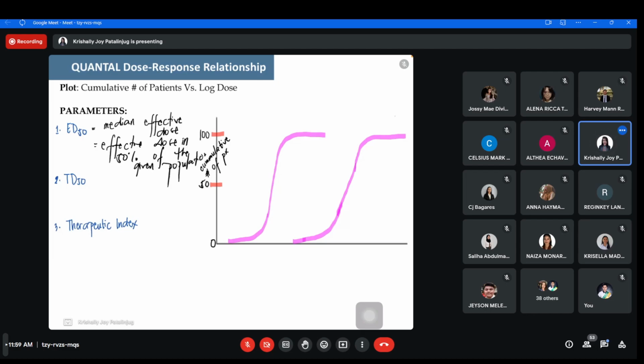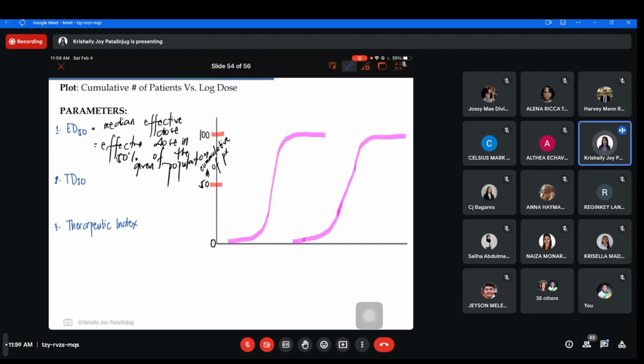Okay? So, sulat ko muna ha. Halimbawa, yung unang plotted graph dyan tells us about the therapeutic effect of that drug. And of course, if we increase more of that dose of a drug, that's the time adverse effects of the drug are being observed in a general population. Okay? So kapag sinabing effective dose, yung magiging baseline mo is the plotted graph under therapeutic effect.